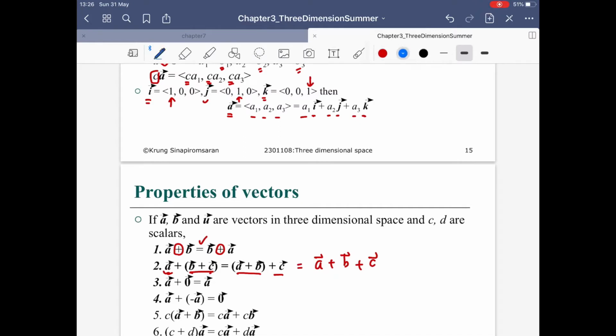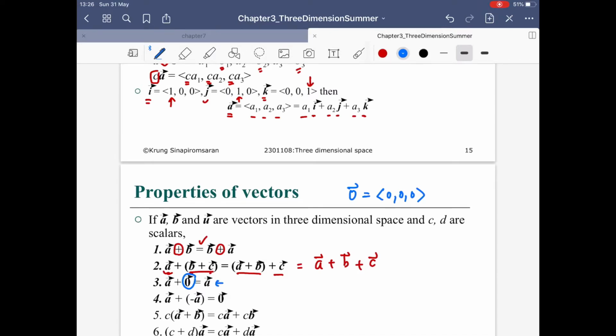And then the next one is something like identity. We are going to have the vector 0. Of course, the vector 0 means that all components are 0. So a plus the vector 0 is simply the vector a itself.